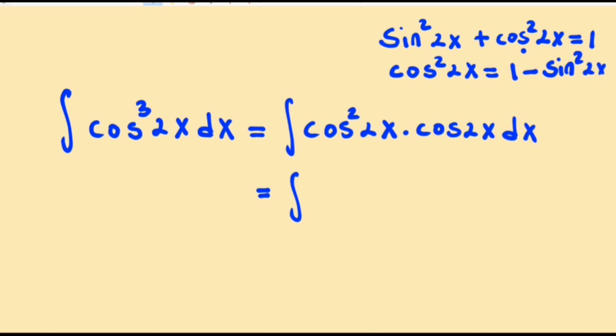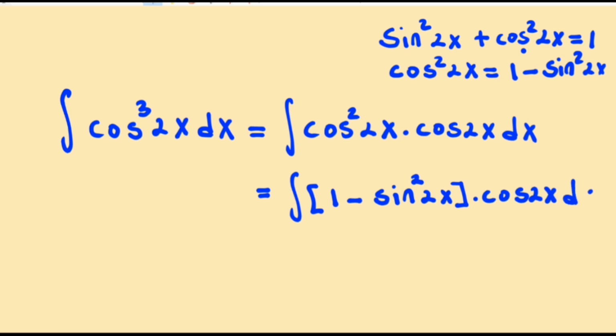So in the place of the cos squared 2x, we substitute 1 minus sine squared of 2x, and this will be multiplied by the cos 2x multiplied by the dx.